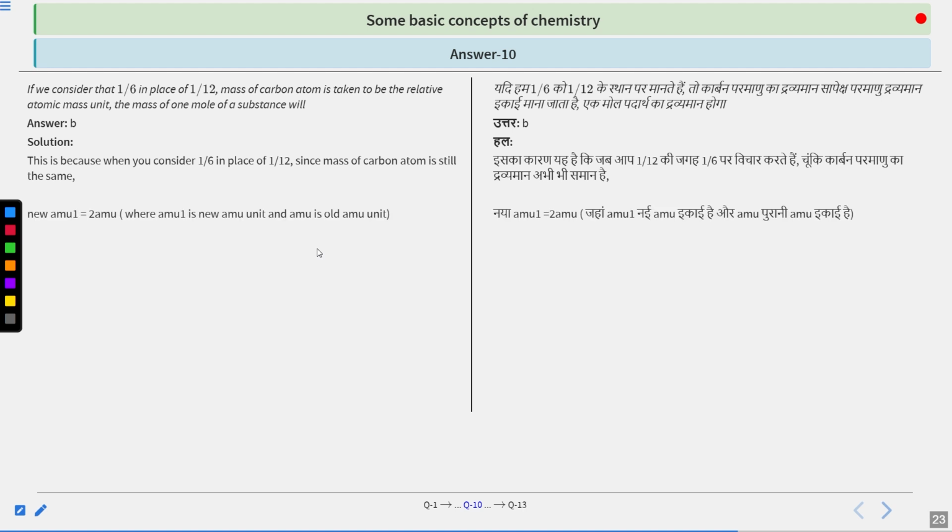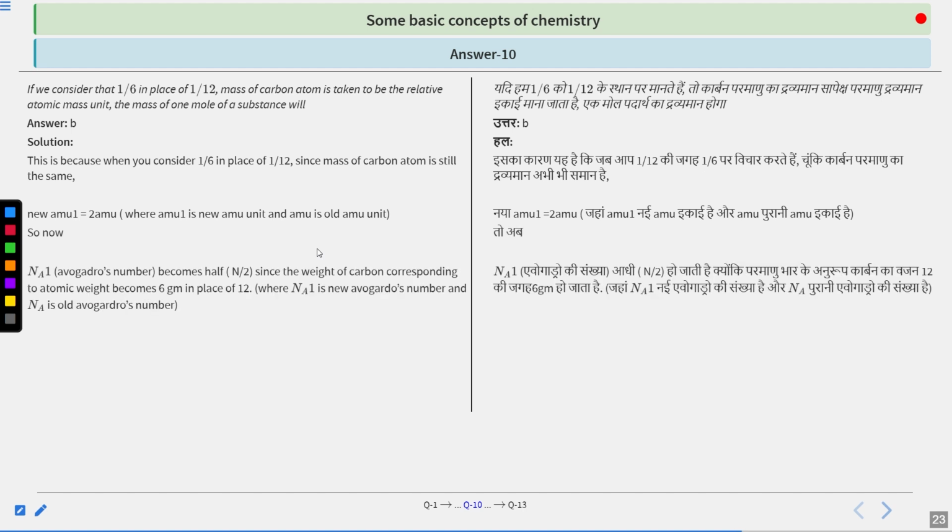So new AMU is equal to 2 times your AMU, right? Because we are taking 1 by 6, so it will become 2 AMU. Now Na in the first case is N, and in the second case it is N by 2, since the weight of carbon corresponding to atomic weight becomes 6 gram in place of 12. Na is the old Avogadro's number, where Na1 is the new Avogadro's number.